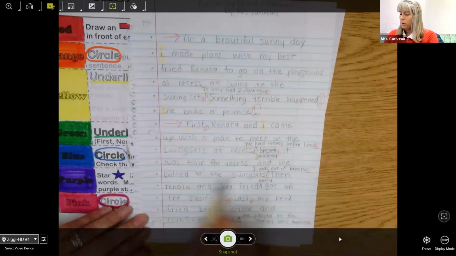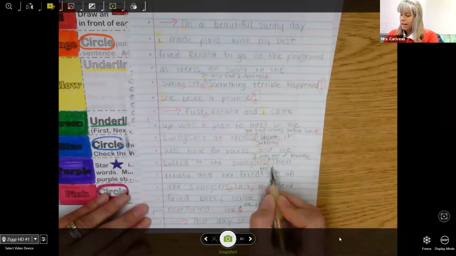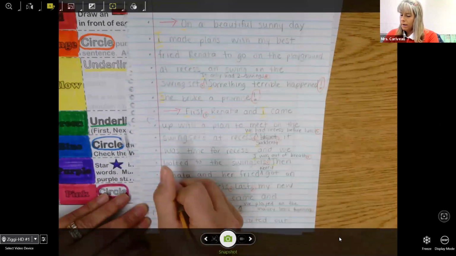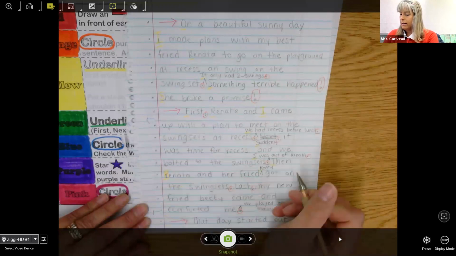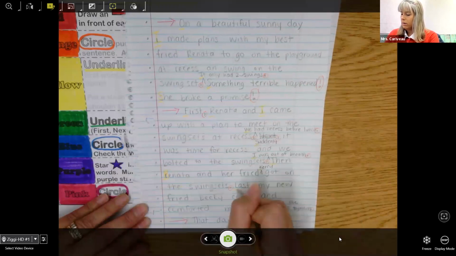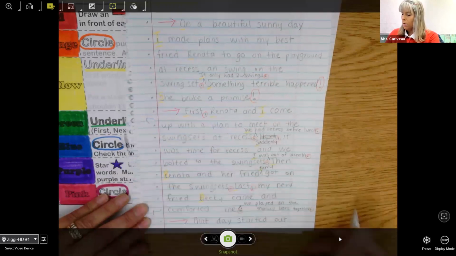Okay, recess and we bolted. Okay, well, there's I, I remembered it that time. Then, oh, here's her name. I got to make a capital R. Okay, I got to remember that when I do my publishing. Carrie got on the swing set last, capital. Okay, oh, there's Becky's name. I need to make a capital B because it's her proper noun.